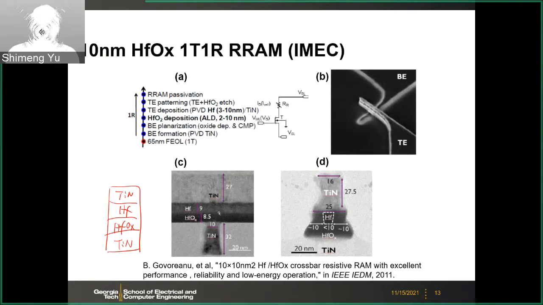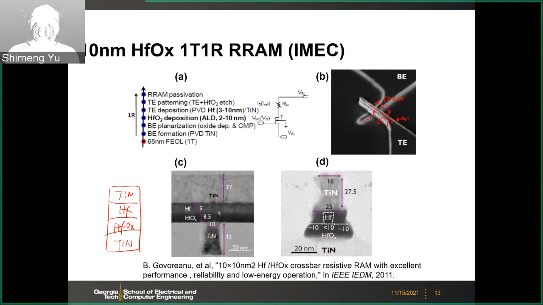So this is a similar structure as the EFlash structure. And here they made a very small device, 10 nanometer by 10 nanometer. This is a cross point like structure. You have the top electrode, bottom electrode, and at the cross point the dimension is like 10 nanometer by 10 nanometer. This is one of the smallest devices made today.